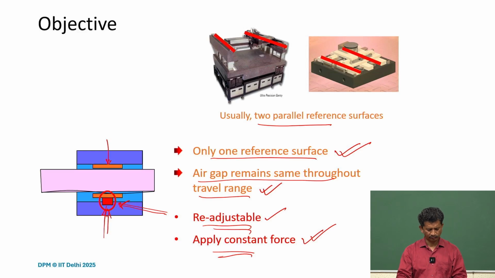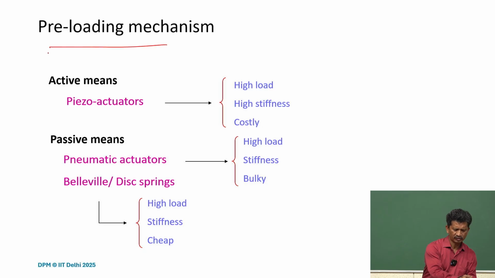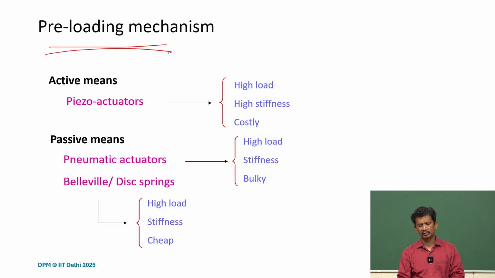So preloading is very important. What we also learn in design is form closure and force closure. Where we try to achieve these dimensions through geometry, that is form closure. We fix the dimensions and work towards tighter tolerances so that there is no deviation.